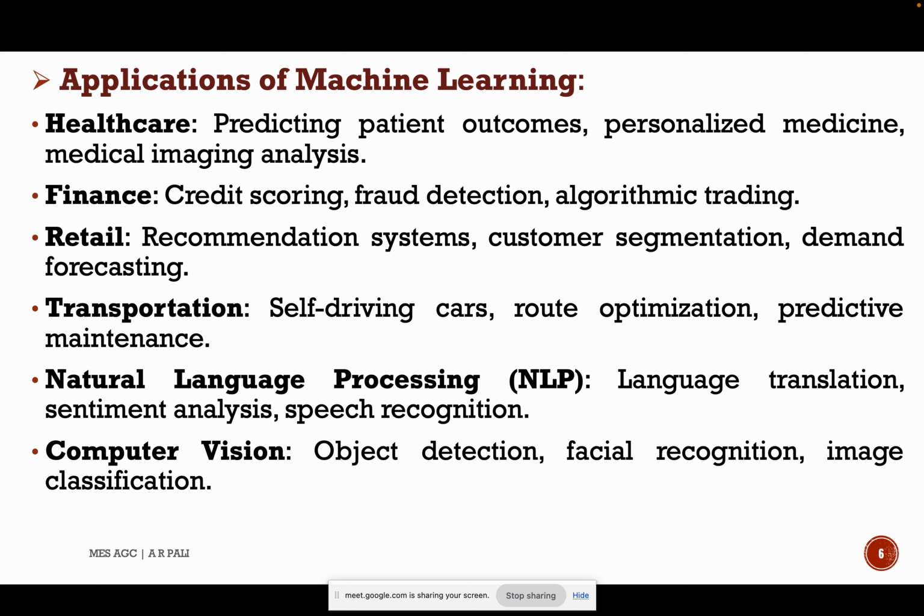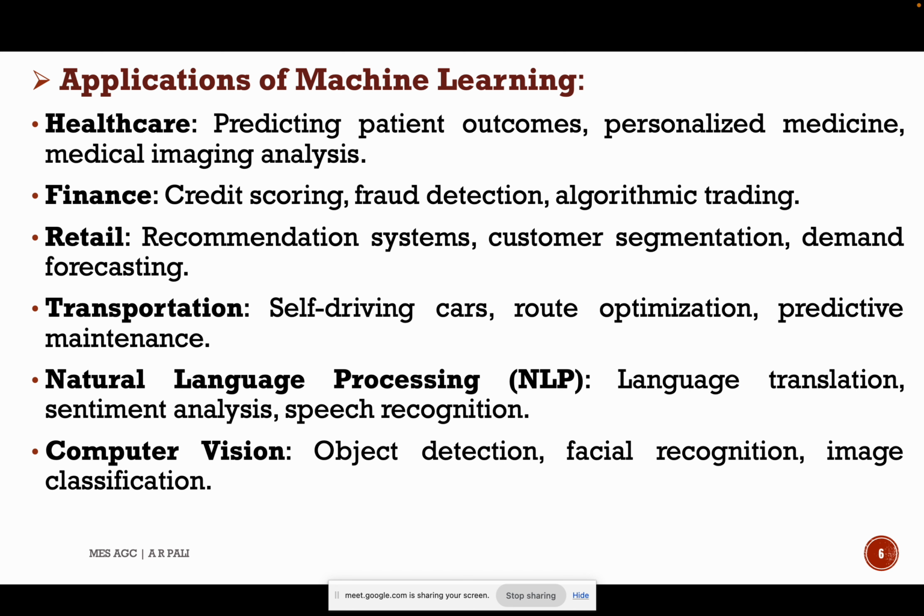So applications of machine learning, first is healthcare, predicting patient outcomes, personalized medicine, medical imaging analysis, etc. Even machines can be trained to read your x-rays or sonography reports. Second is finance, credit scoring, fraud detection, algorithmic trading. Retail, recommendation systems, customer segmentation, demand forecasting.